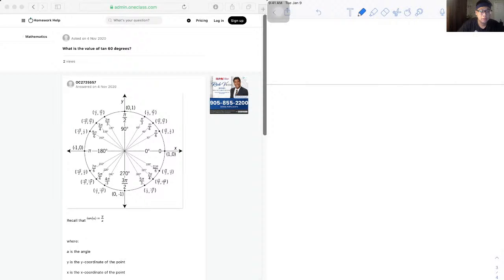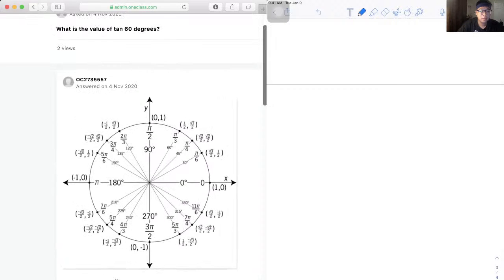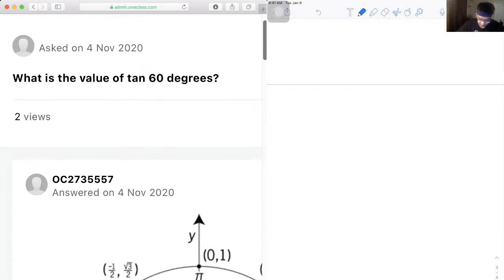All right, so next we have: what is the value for tangent 60 degrees?